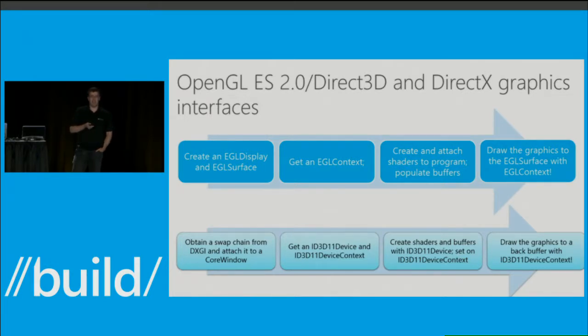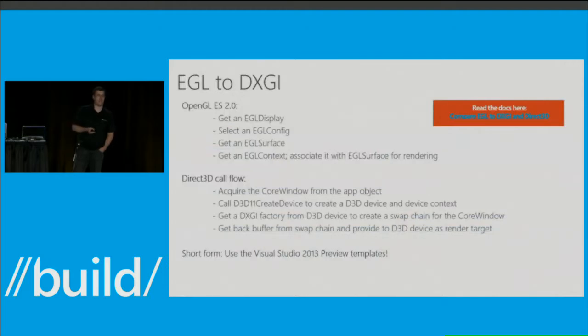You'll create and attach resources, or you'll create a drawing context. Then you'll create shader resources that you attach to it and buffers that you provide to those shader resources. And then you draw to that 2D region, what we'll call a render target in DirectX, and provide that to the back buffer and flip it.